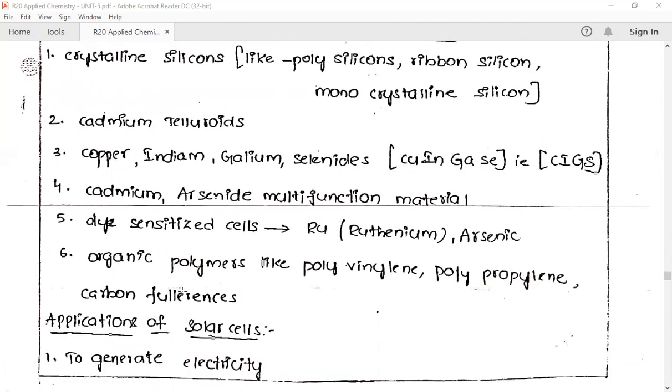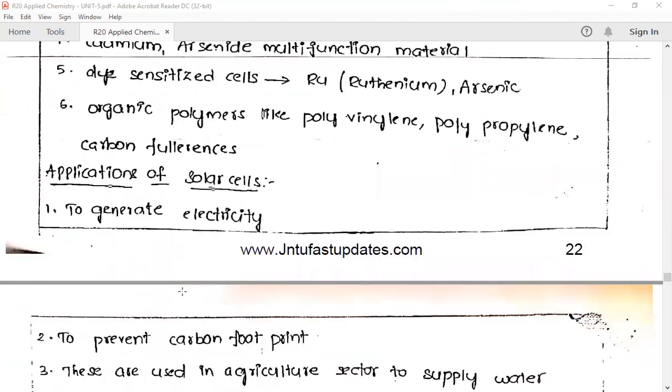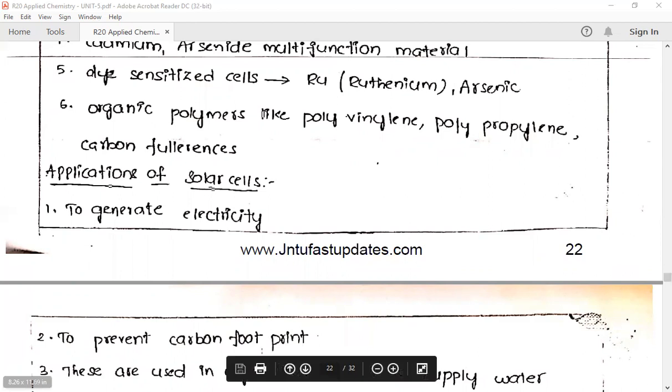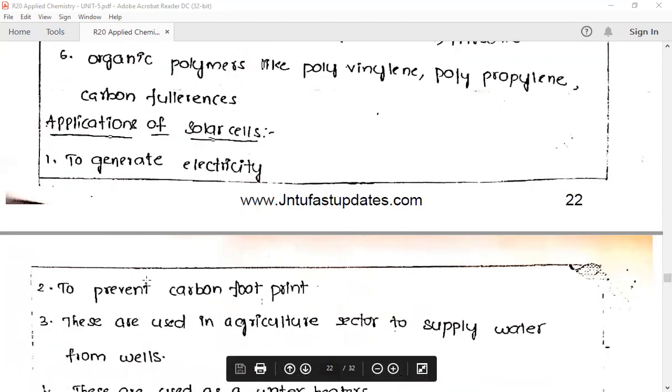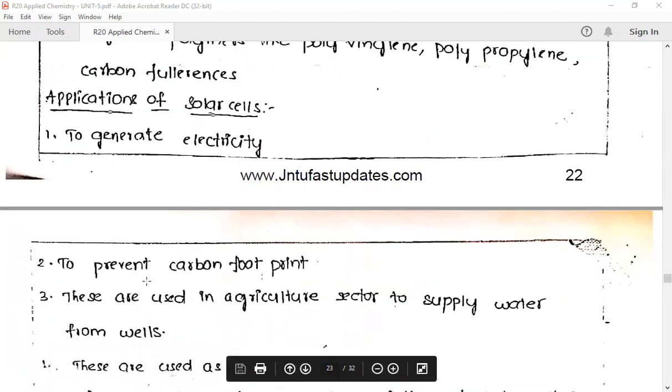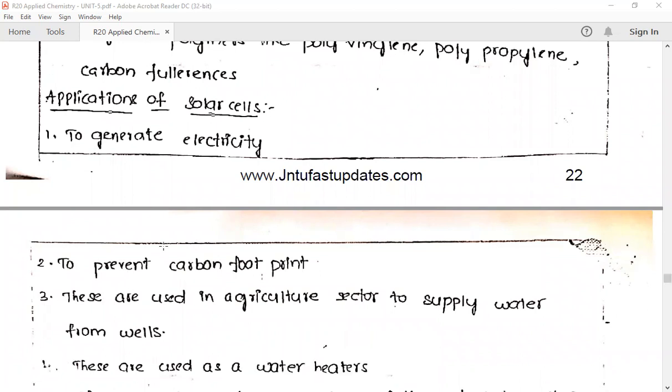Coming to the applications of the solar cell, the main application of the solar cell is to generate large scale or small scale electricity from sunlight.